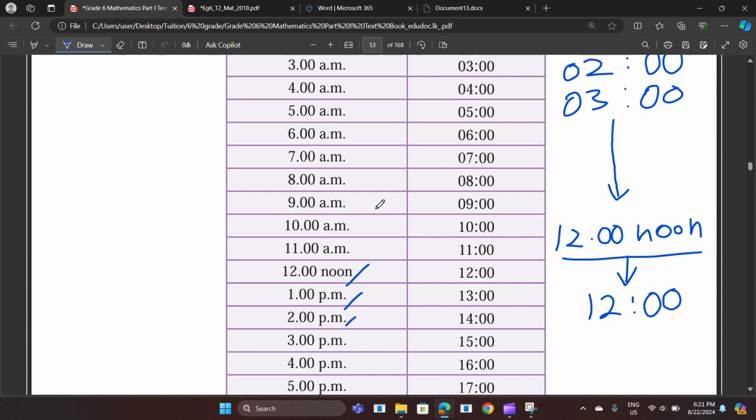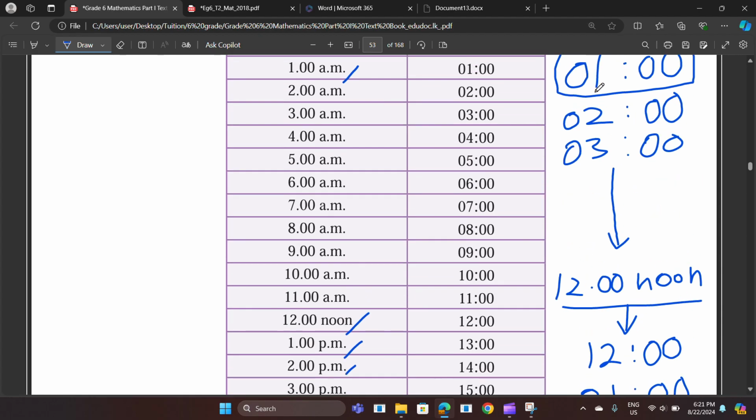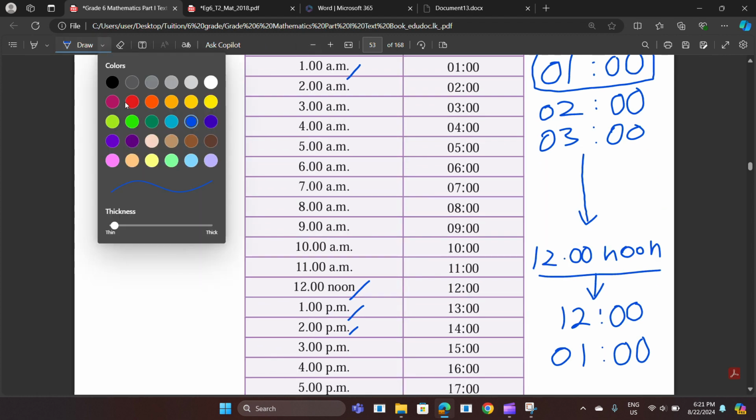After this 12 noon, we have again 1 p.m., 2 p.m., 3 p.m. Likewise, again the numbers start repeating. So we would represent this as 0100 again. It is the same as before, no. It is a little confusing.